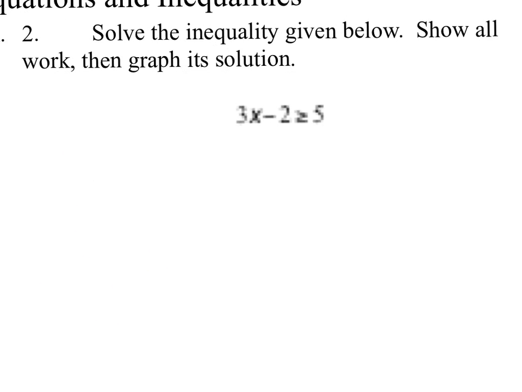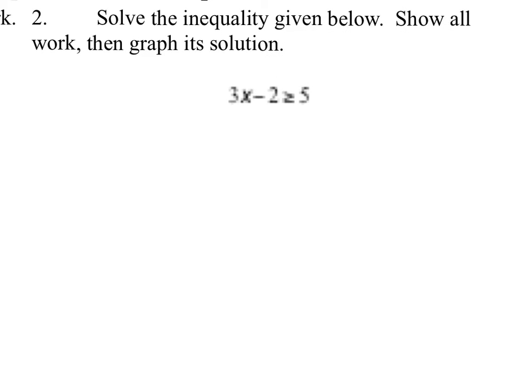Moving on, our second problem is asking us to solve an inequality and then graph its solution. I'm going to treat this a lot like I would treat just a normal equation. I'm going to rewrite this so it's a little bit clearer. So 3x minus 2 is greater than or equal to 5. And in almost all instances, everything that we do can be used exactly the same way as though it were an equation.